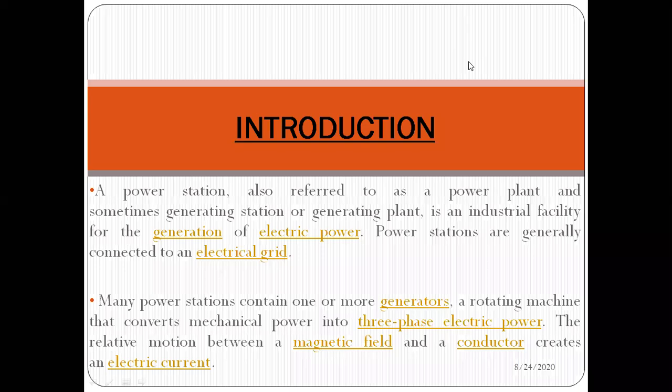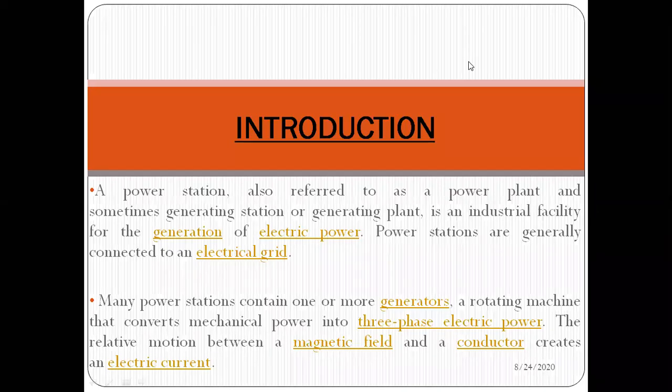Okay, as you saw in the video, there are different types of generating stations. First of all, note down what is meant by a generating station. A generating station is also called a power station, a power plant, or sometimes a generating plant. It is an industrial facility for the generation of electricity, and these power stations are generally connected to the electrical grid.